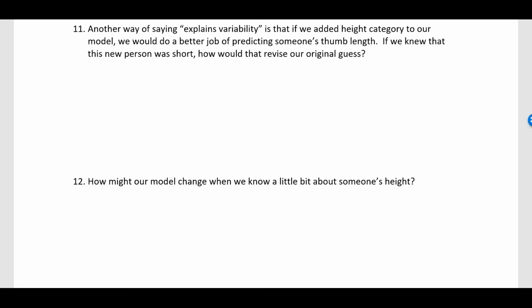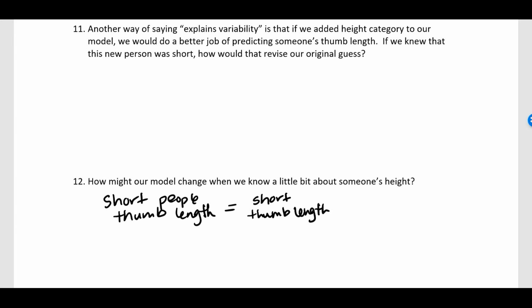For the shorter half of the class, I might revise my guess by looking at the mean thumb length for that short group.